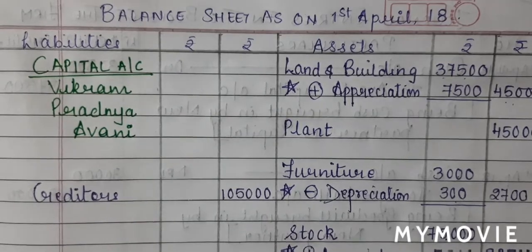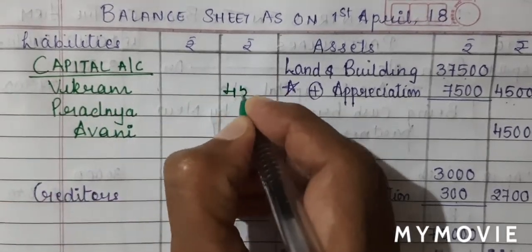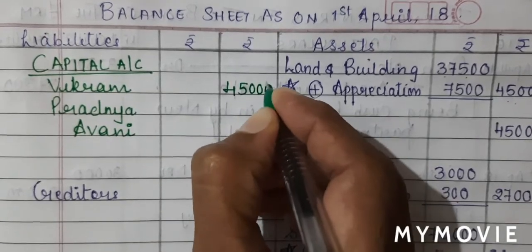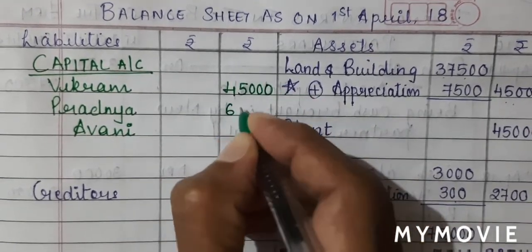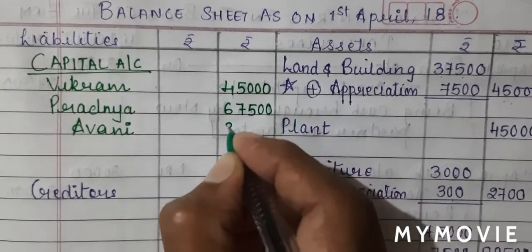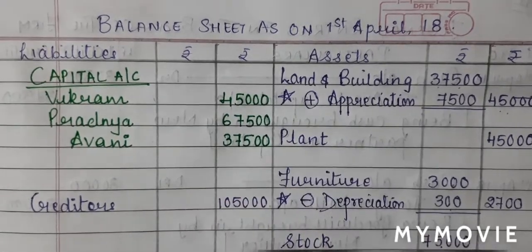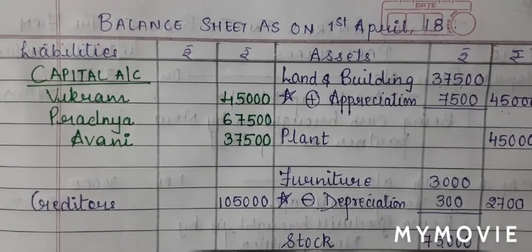We have already calculated capital for Vikram. The capital for Vikram was 45,000 rupees. For Pradnya, it is 67,500 rupees and Avni 37,500.